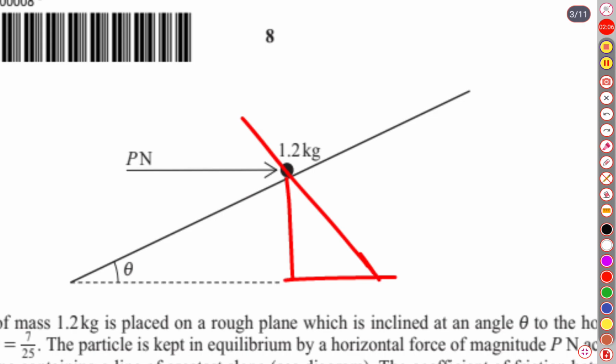Okay, then this is our angle. This is also theta given. After that, look at this. P is acting on the particle. So as it is pressing downward, we can just write it below the line. Well, so it is a right angle triangle now.